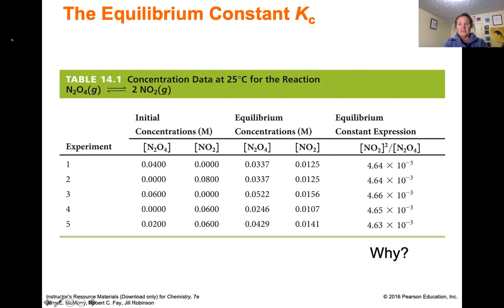The equilibrium constant expression, which is products over reactants raised to their stoichiometric coefficients, does reach a constant value. So that's the new constant. In the last chapter, we were focused on rate constants, lowercase k. Now we're going to be focused on capital K, which we'll call the equilibrium constant.